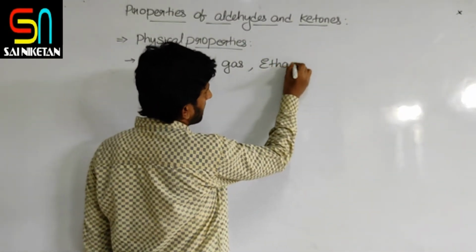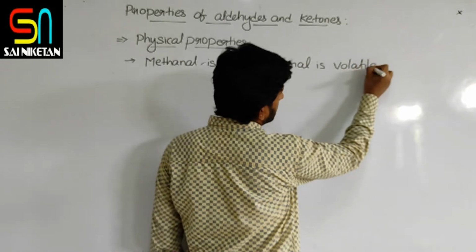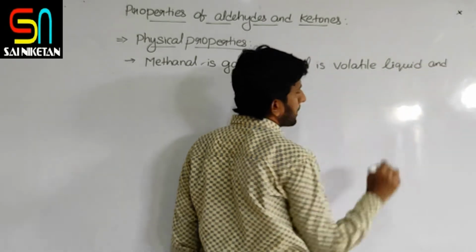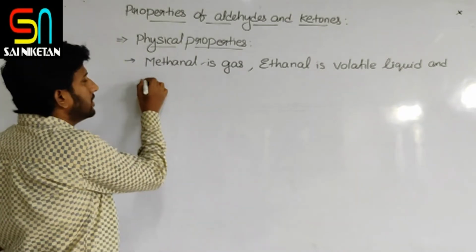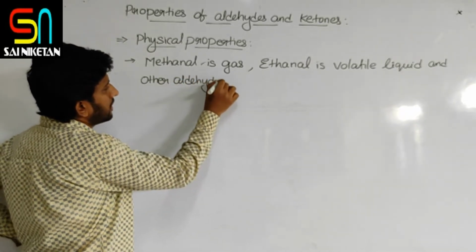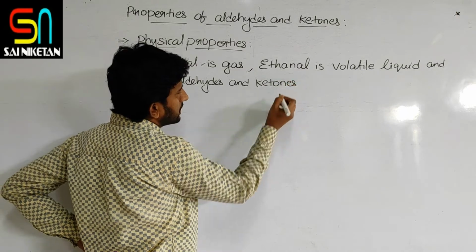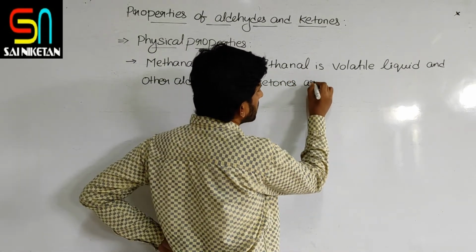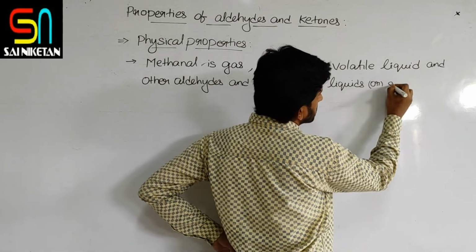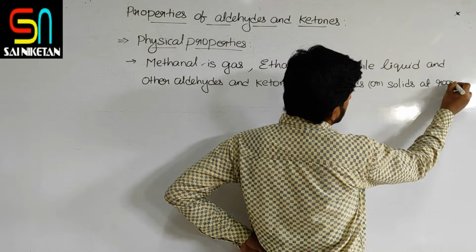Ethanol is a volatile liquid, and the remaining aldehydes and ketones are liquids or solids at room temperature.